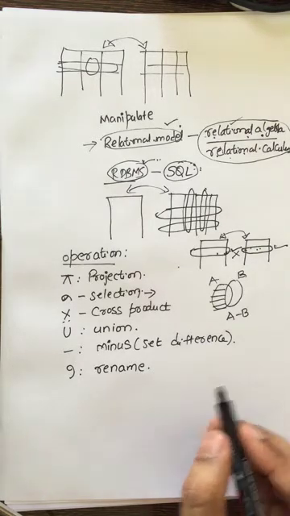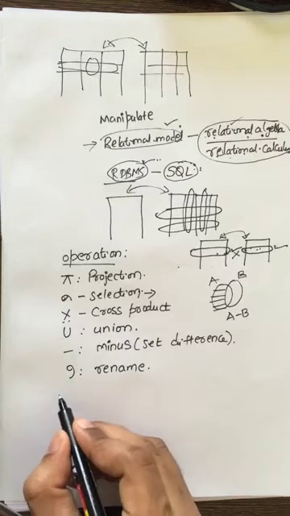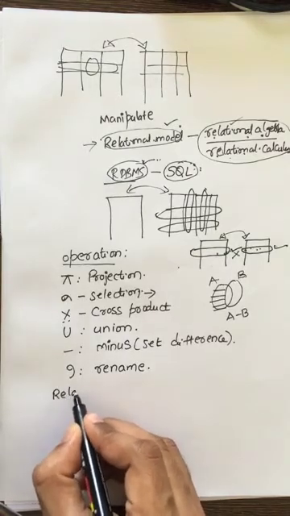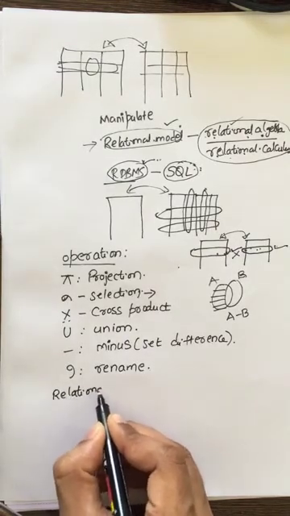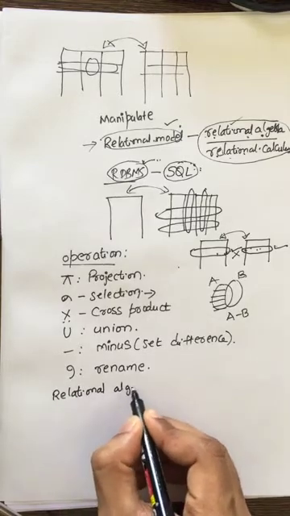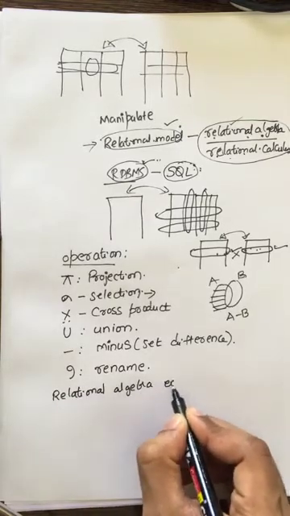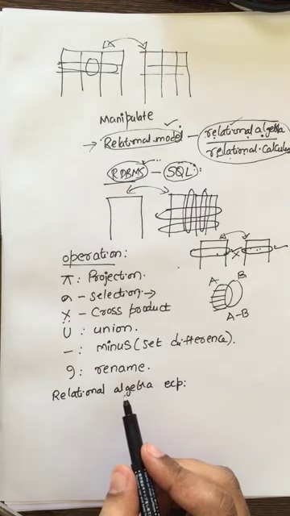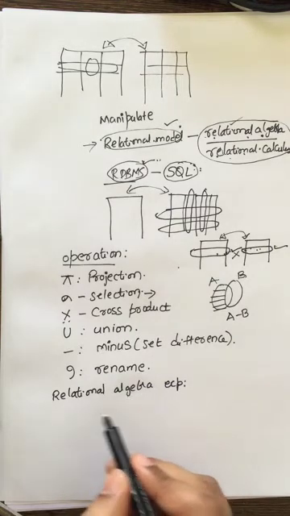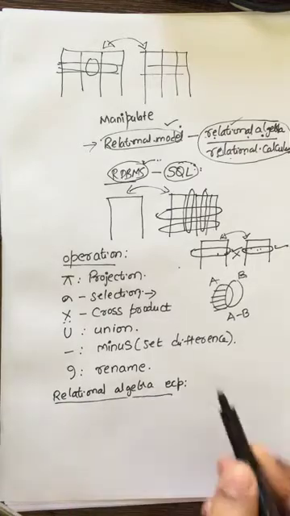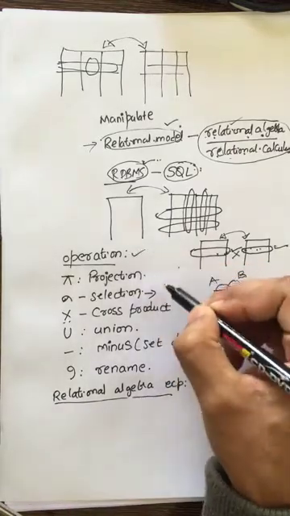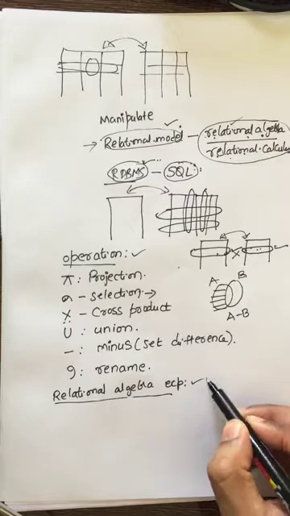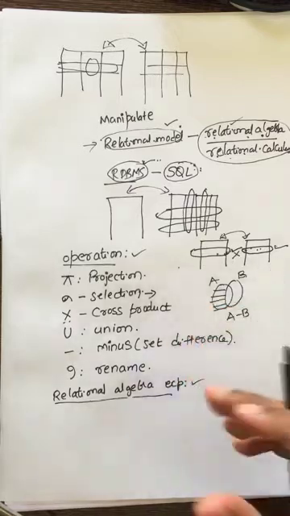So we have something called expressions. Relational algebra expressions. Expressions are formed by a sequence of relational algebra operations. Don't get confused: operations are the basic elements, and by combining operations we get the expression.